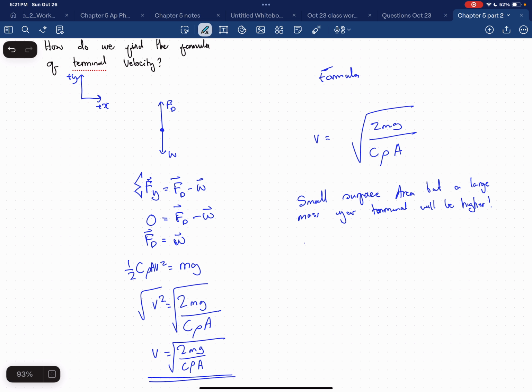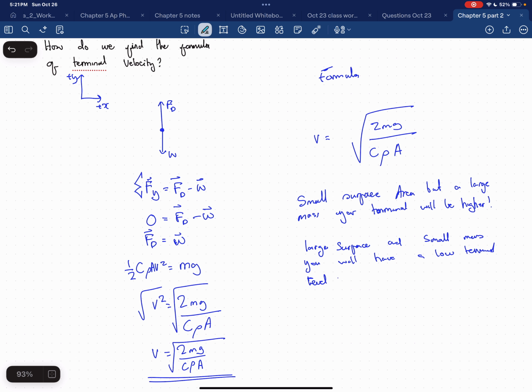If you have a large surface area and small mass, you will have a low terminal velocity.